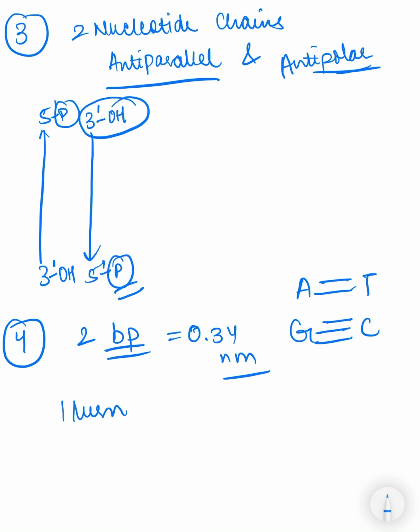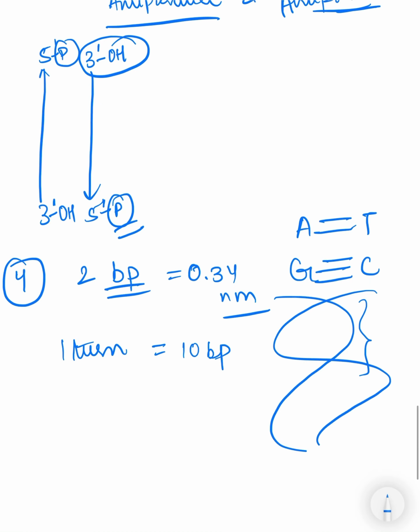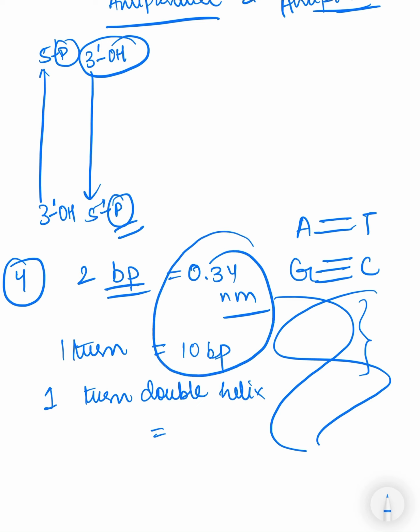In one turn of DNA, as in this turn, we have approximately 10 base pairs, right? So in one turn of the double helix structure of DNA, if you multiply these two things, the distance shall be 3.4 nanometers.